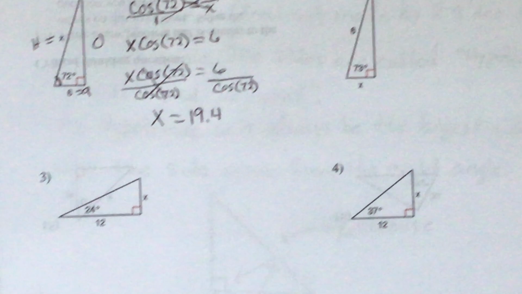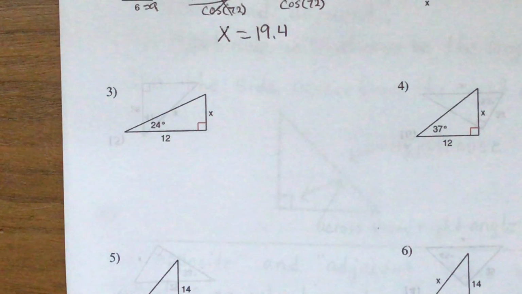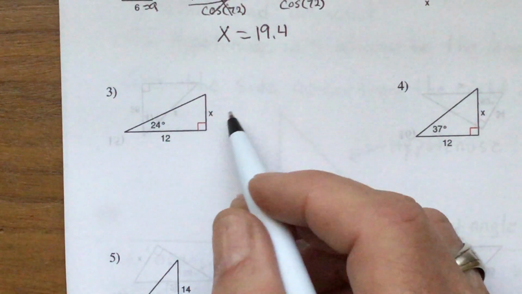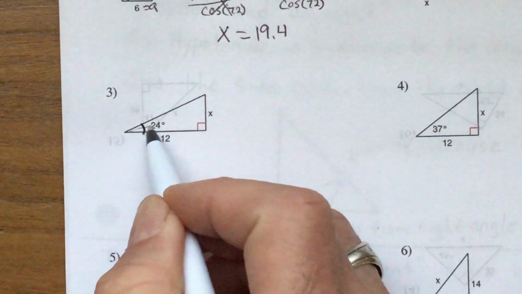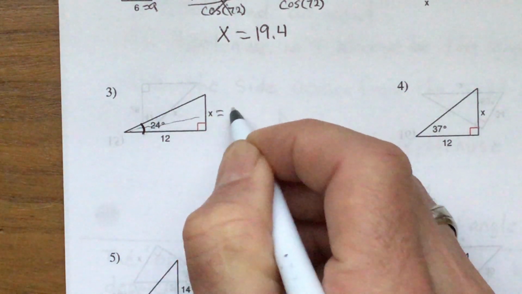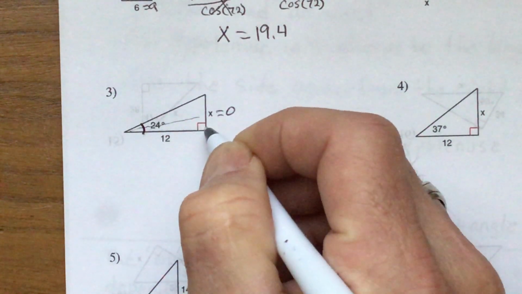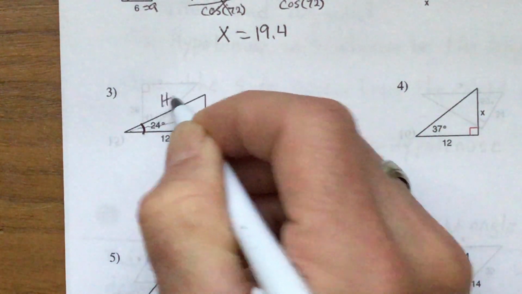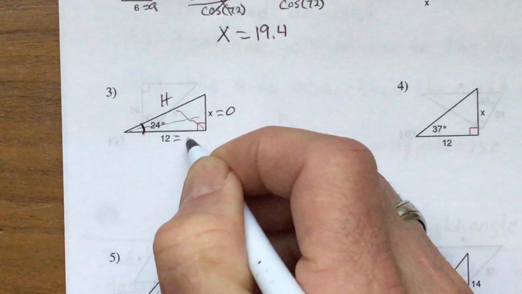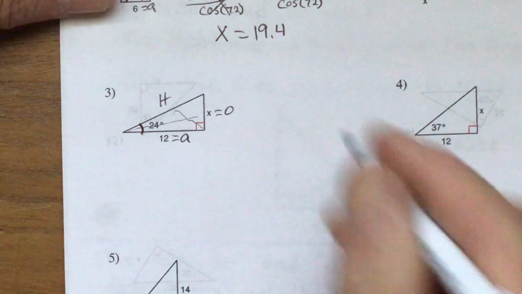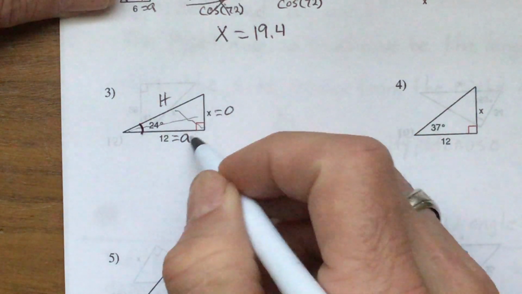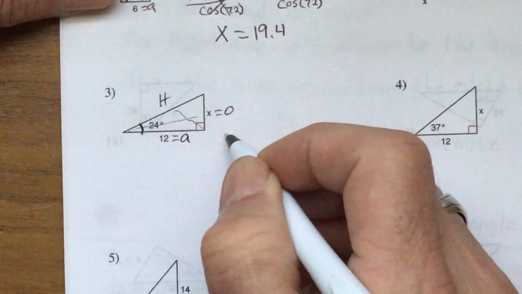And let's try another one. Number 3. Here's my angle. So that makes this side the opposite. Here's the hypotenuse, and here's the adjacent. So opposite adjacent means tangent.